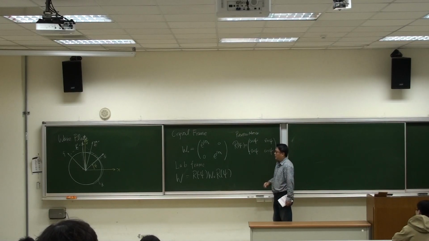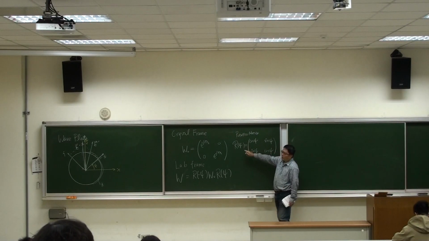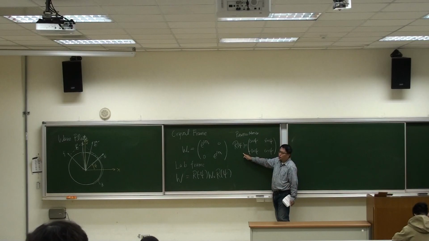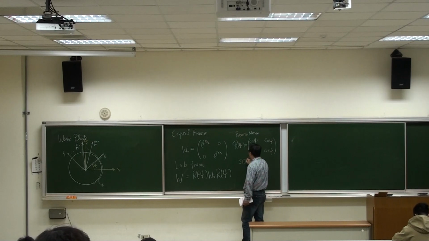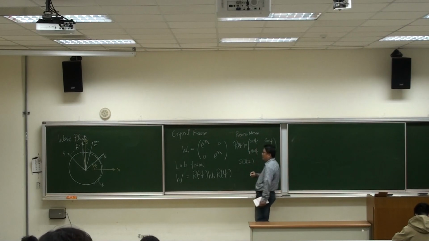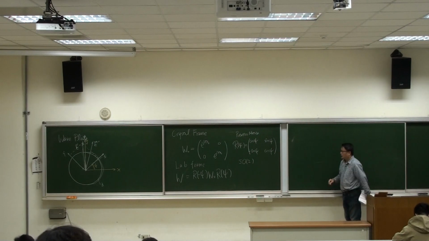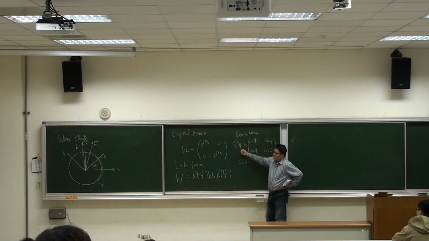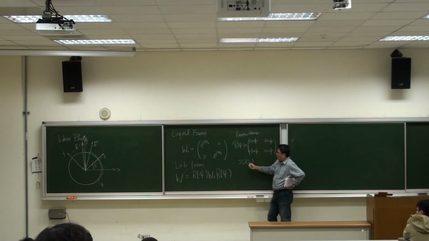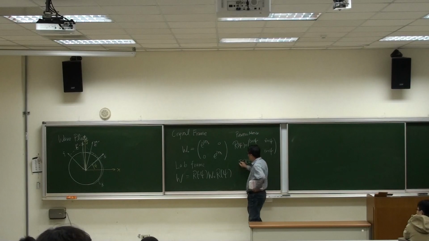in the terminology of mathematics is called SO2 rotation. In mathematical language, R psi is a matrix belonging to the representation of SO2. S here means special.